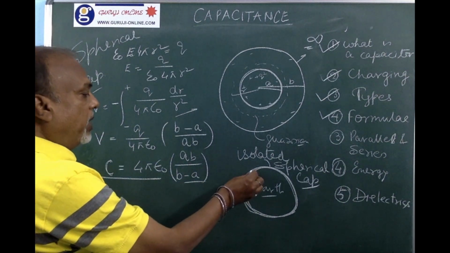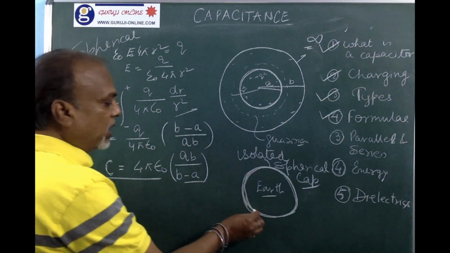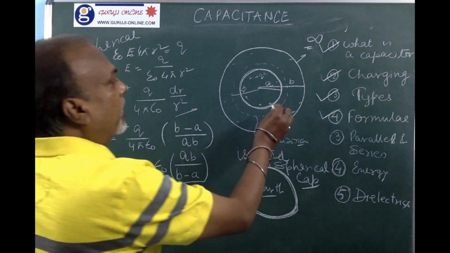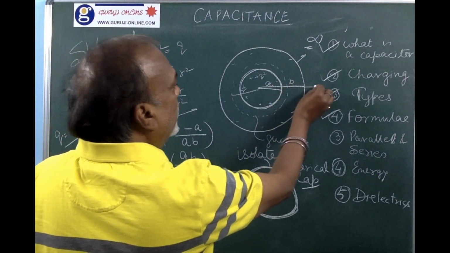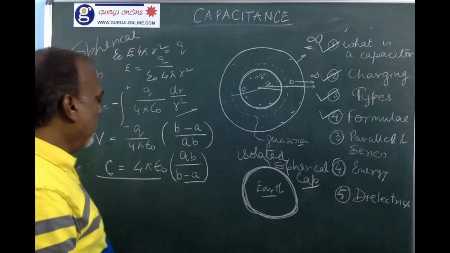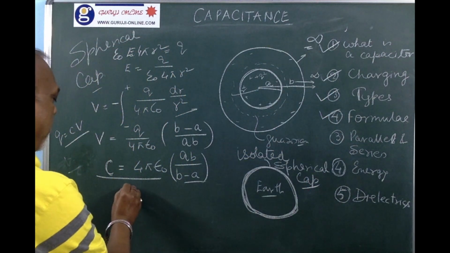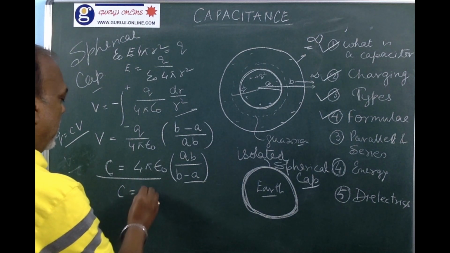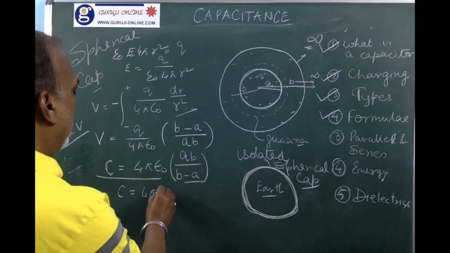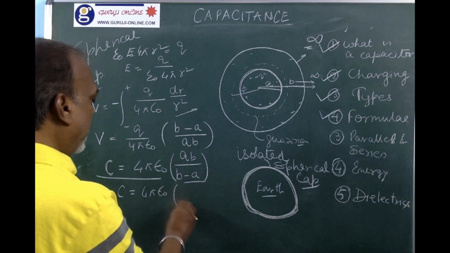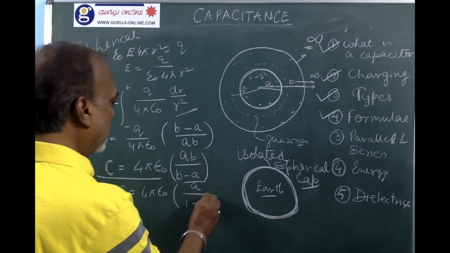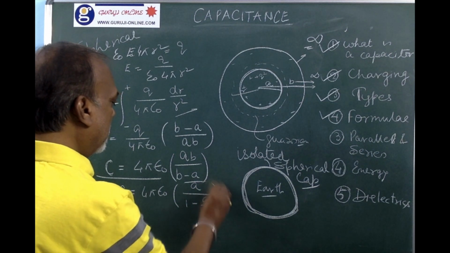What will be the capacitance of this isolated sphere? Here, what we assume is that this B is going to infinity. So in this formula, C = 4 pi epsilon 0, suppose you write it as A upon 1 minus A upon B, correct?